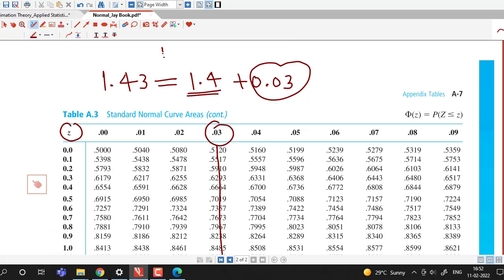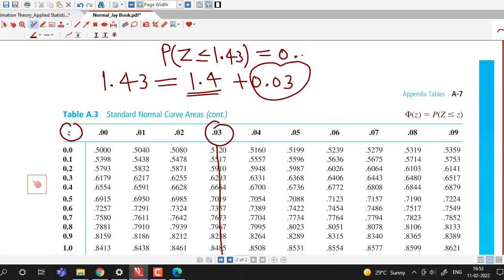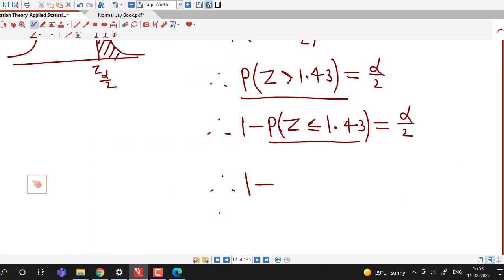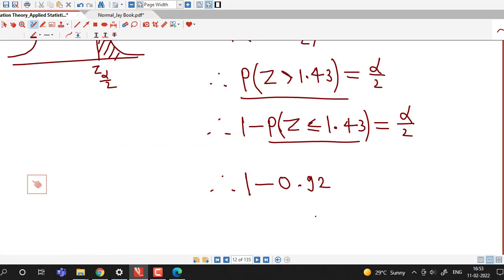So that is the probability that Z is less than or equal to 1.43, and it is equal to 0.9236. So that we substitute here, this is equal to alpha by 2.